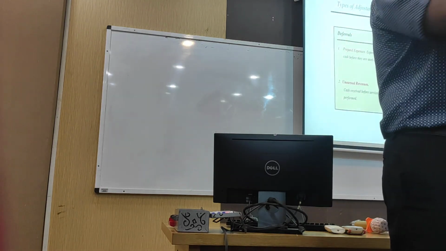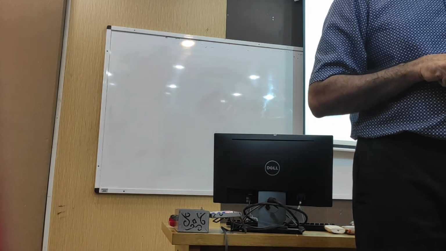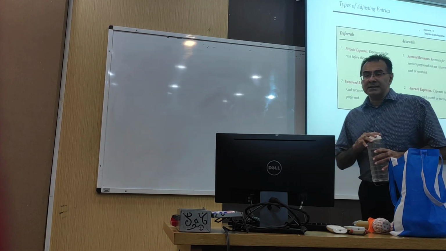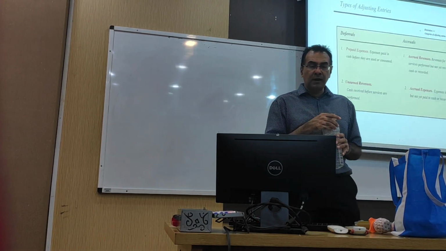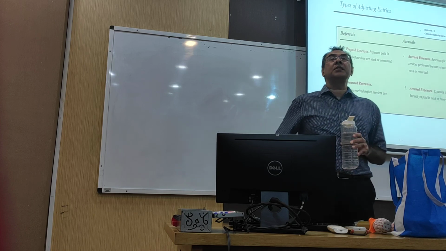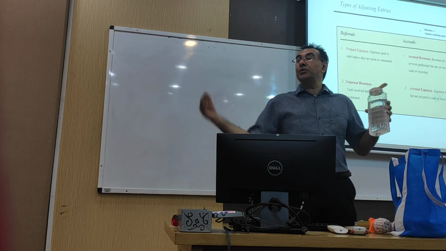Sometimes we might receive the cash before we can recognize the revenue or expense, and sometimes we will record the revenue and expense before we receive the cash or pay the cash. So we have 2 types of adjusting entries, one called deferrals and the other called accruals. Now you can look at the slide and compare with what is written on the board, and if it sinks in your head, it means you have understood.